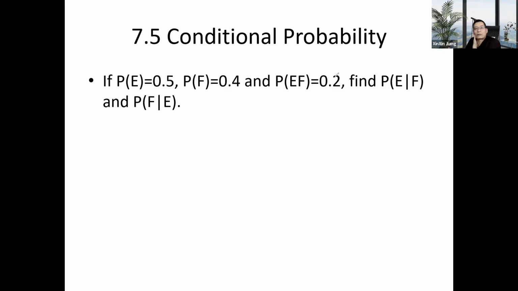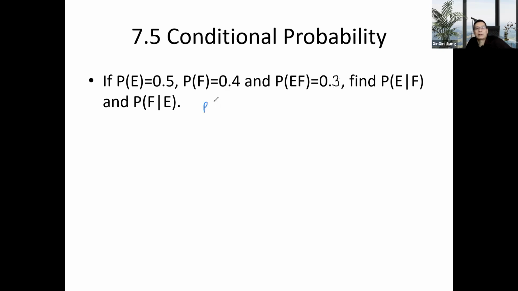I'm going to change that to 0.3. Find the probability of E given F and probability of F given E.